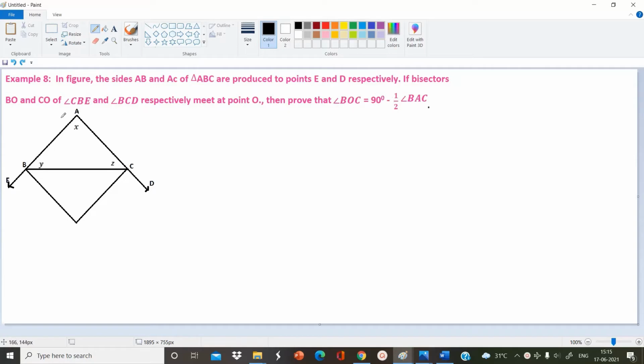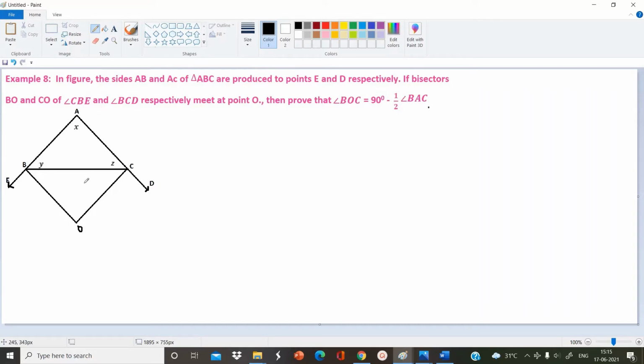If the bisectors of BO and CO, here this is the O, bisectors, and that means these are the BO and CO lines, bisectors of angle CBE.